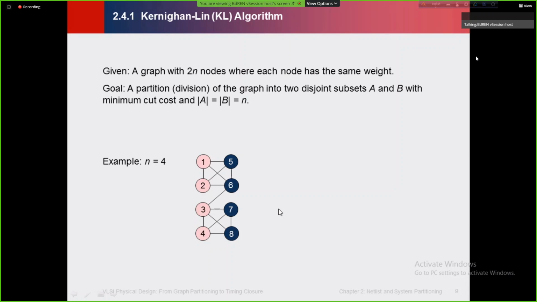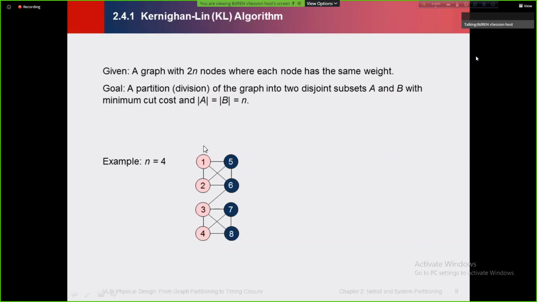Minimum cut cost means minimum intersection, right? So our goal is to divide these whole blocks of 8 into two separate bigger blocks with a minimum number of cross lines. And also it says that it must maintain the magnitude of A equal to the magnitude of B equal to n.